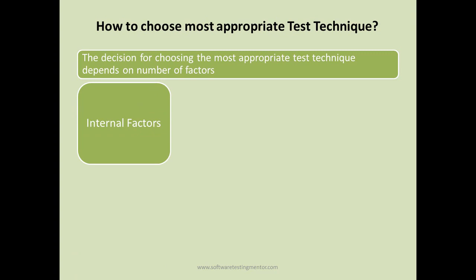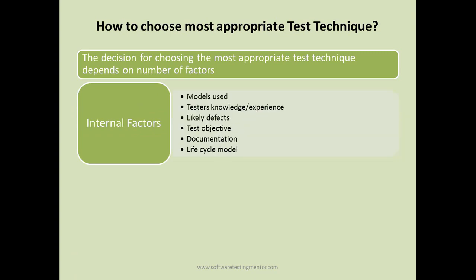There are internal factors, which can be the models that are used while developing the software, testers' knowledge or experience, what are the likely defects, which areas might have defects based on prior experience, what are the test objectives, what documentation is available in the team, and what life cycle model is being followed.